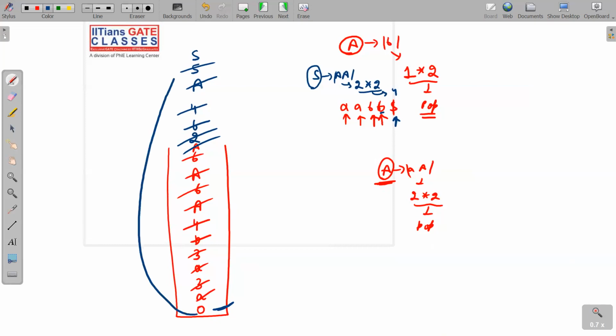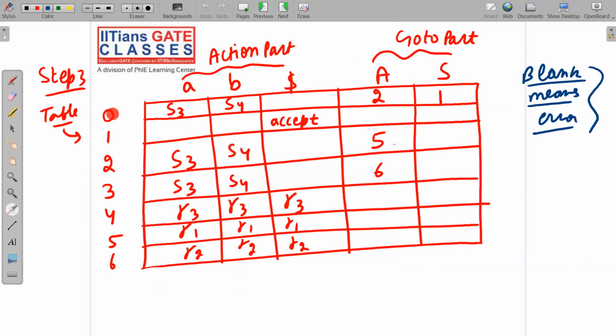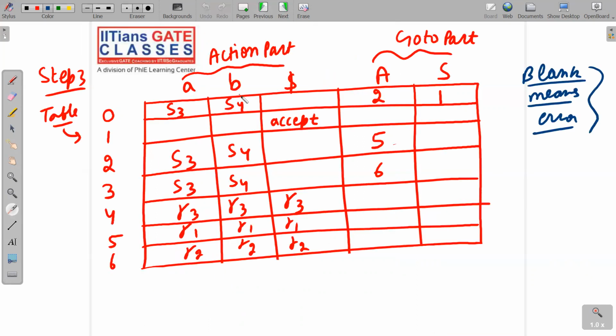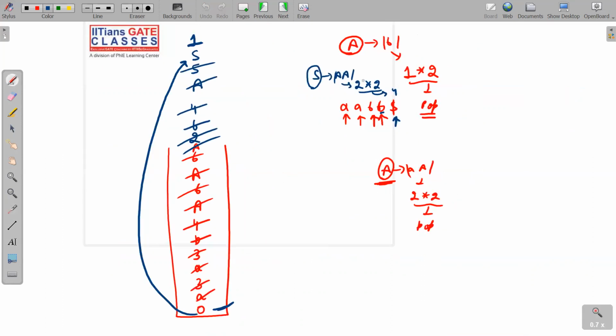So I will say 0 on S. See the slide. Go to state number 1. Now I will say 1 on dollar. The lookahead was here. So 1 on dollar, see the slide: accept. So I will say the string is accepted.